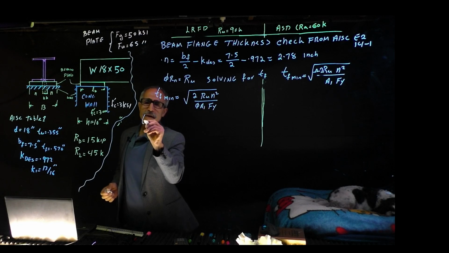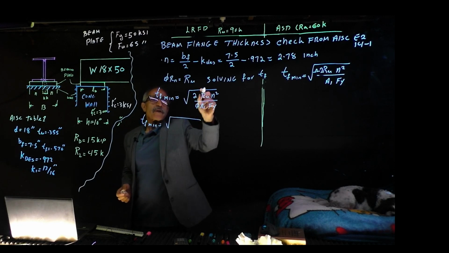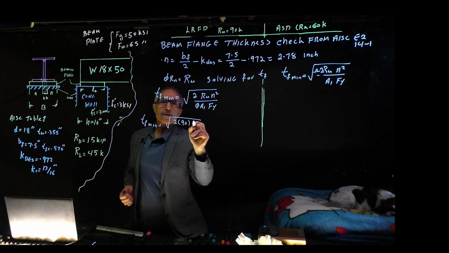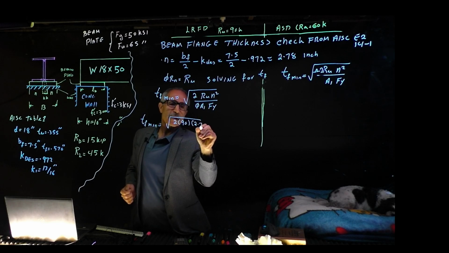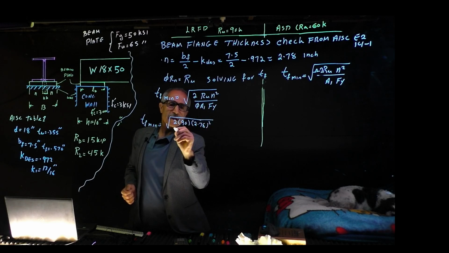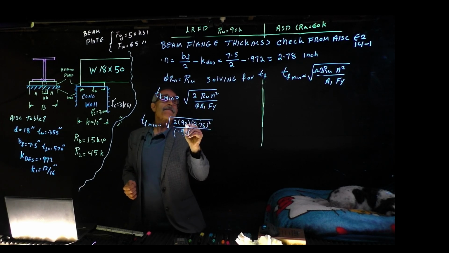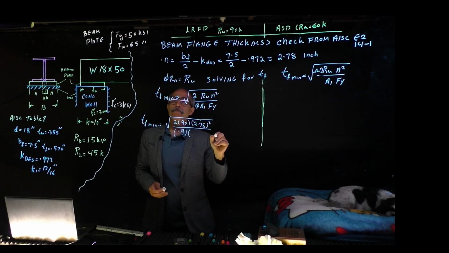So TF minimum comes out to be the square root of 2 times 90 times n squared, n was 2.78 squared, and divide that by phi, which is 0.9, times A1.